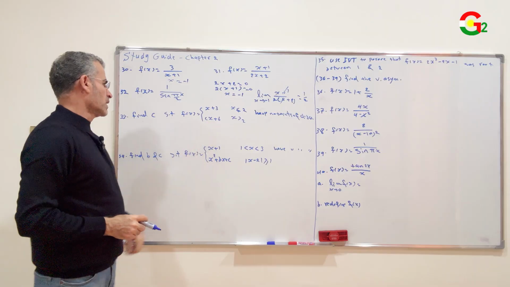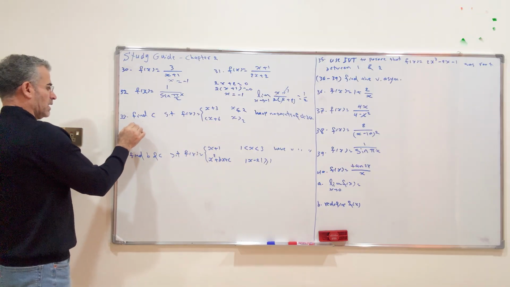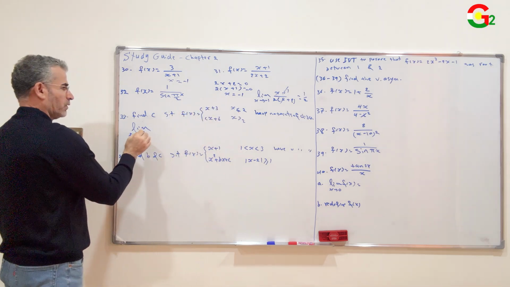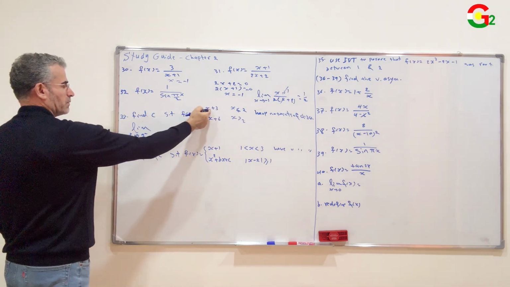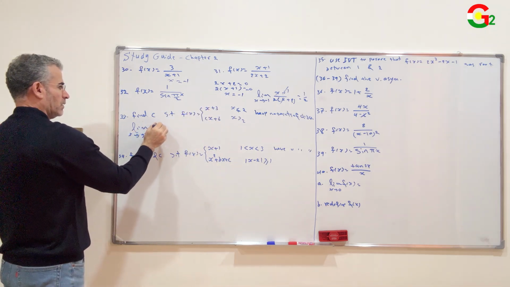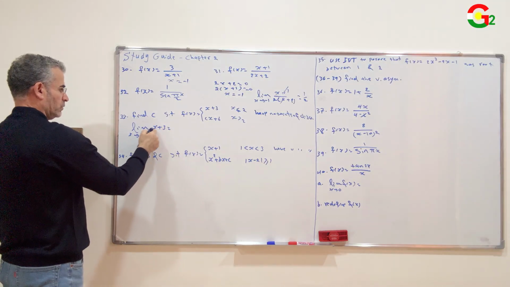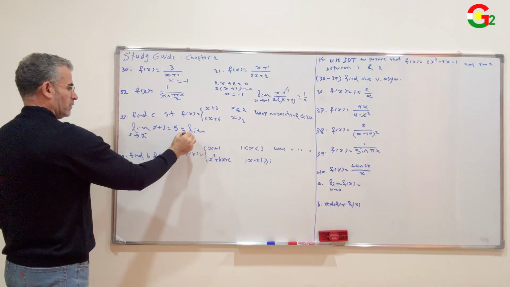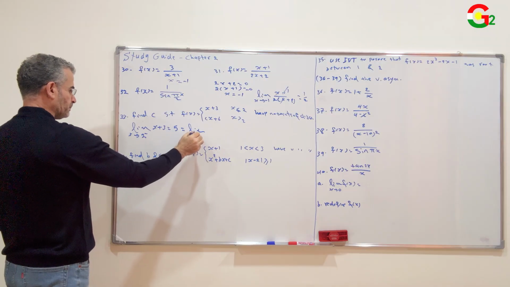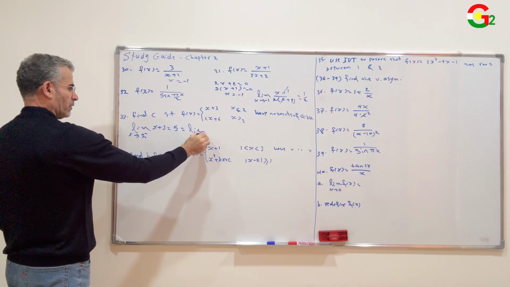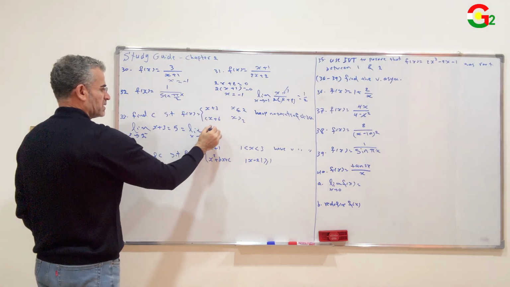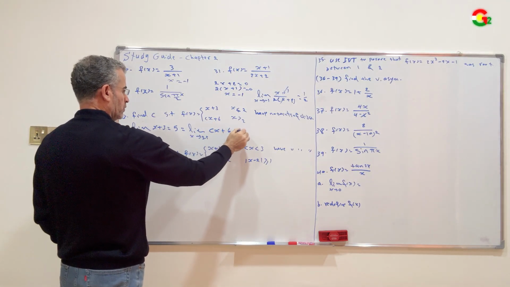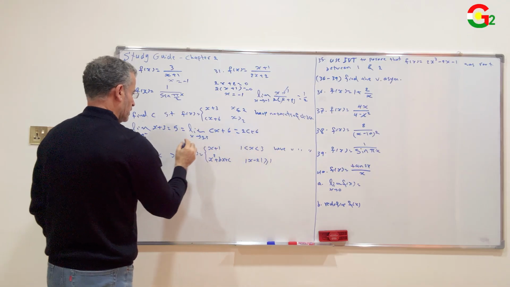Find the value of c such that this function has no point of discontinuity. Since the function has no point of discontinuity, then the limit when x approaches 2 from the left, substituting in this segment, equals 2 plus 3, 5, equal to the limit when x approaches 2 from the right, substituting in this segment, cx plus 6 equals 2c plus 6.